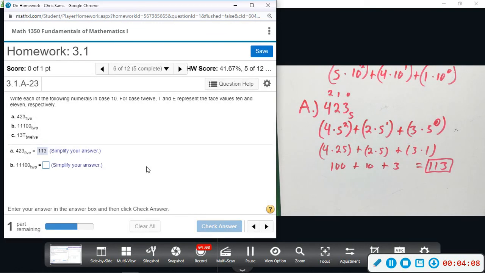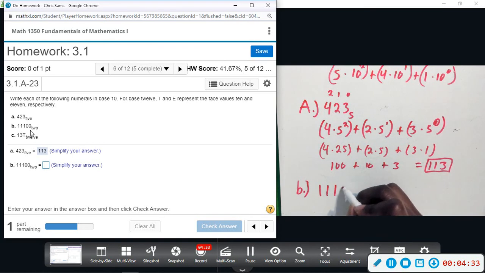All right, we're going to do the same thing with the next 2. So this is base 2. We want to convert it to base 10. And we'll use a calculator. I'll just punch it out in the calculator so you can see from here. So we have 1, 1, 1, 0, 0.